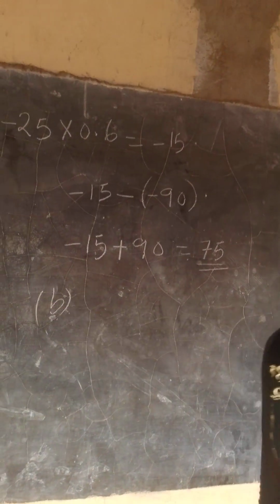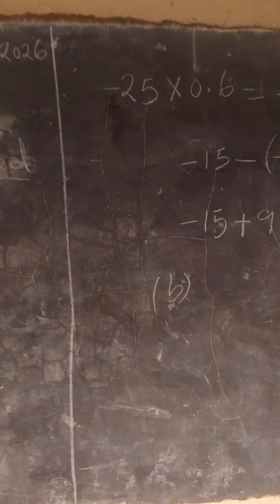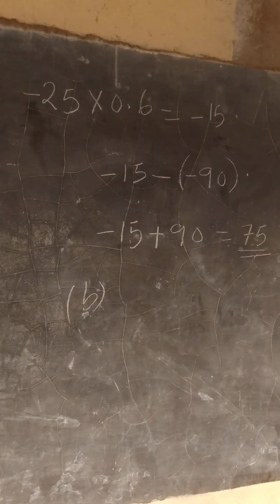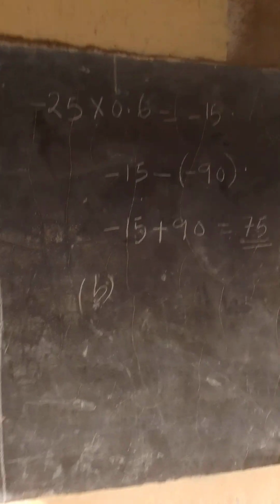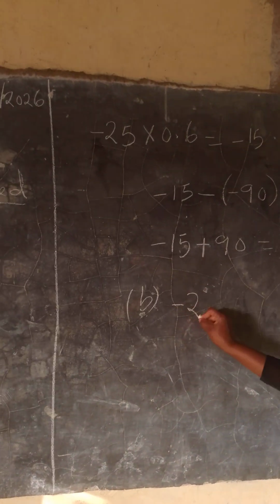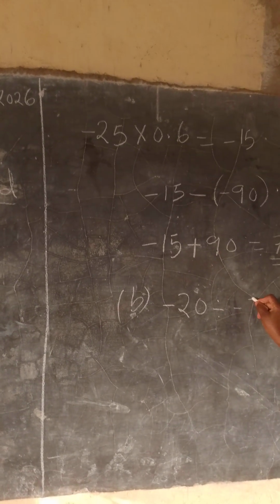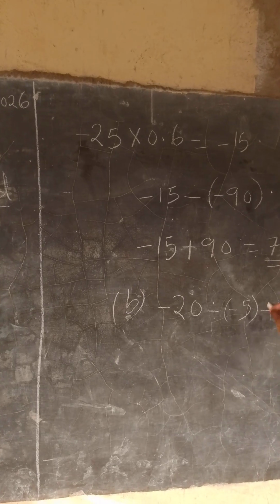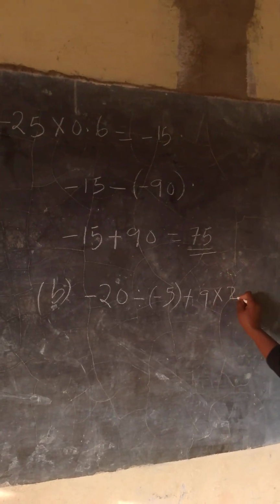Someone to read for us part B of the question, or you can help me with the textbook. Negative 20 divided by negative 5 plus 9 times 2.